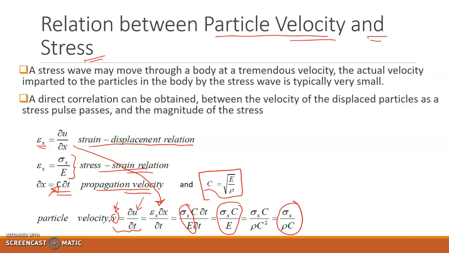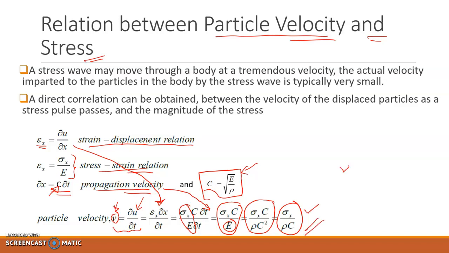Applying these equations, it becomes sigma x c by E, and E can be replaced in terms of c and rho, so again it is modified as sigma x c divided by rho c squared.